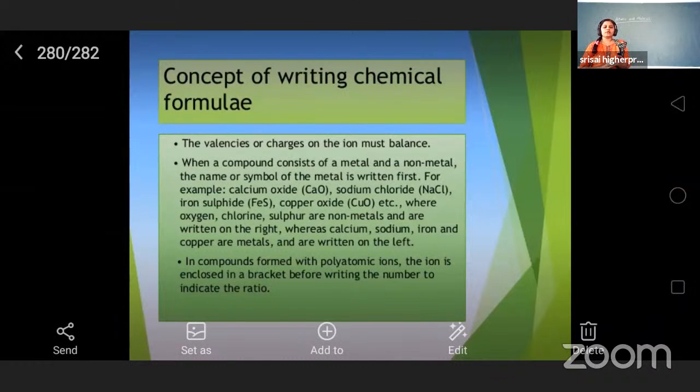Do you know the valency number of these atoms, students?